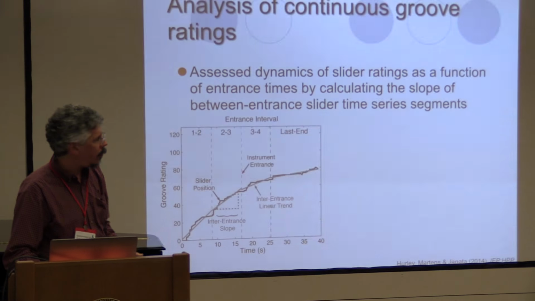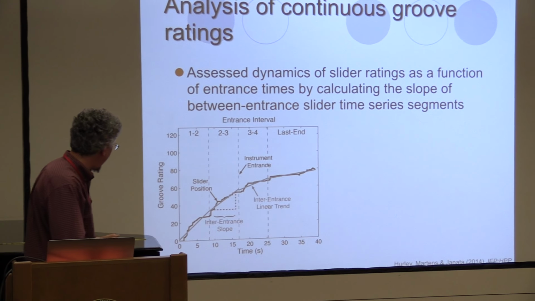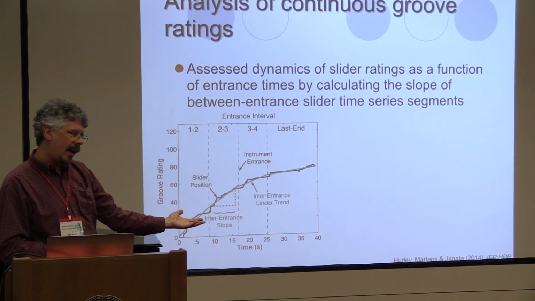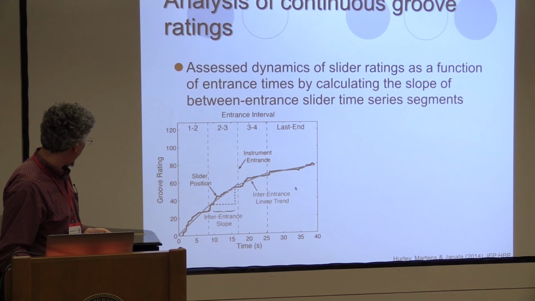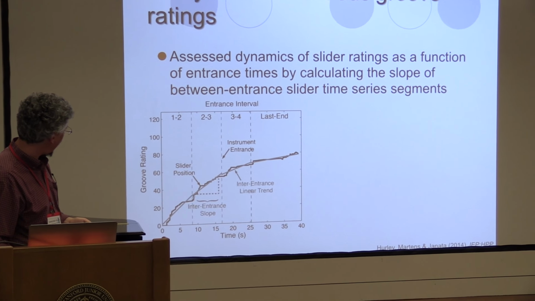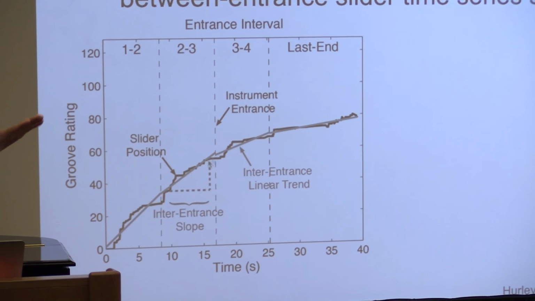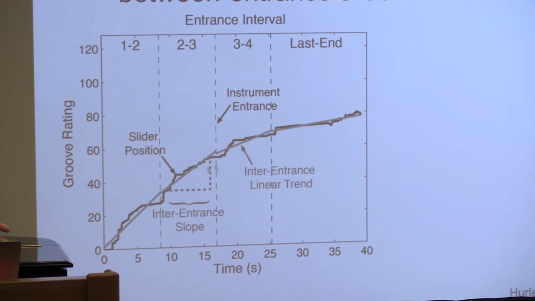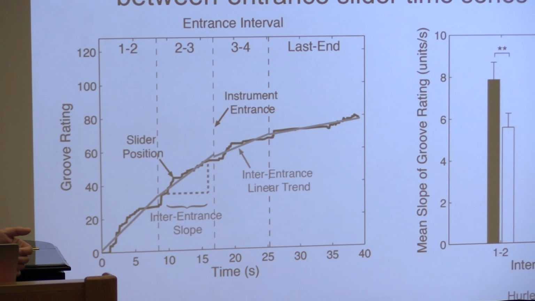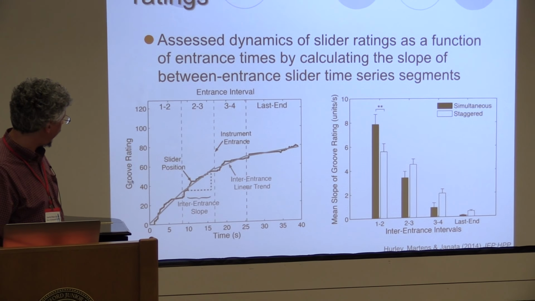And so we had people give them sliders and have them give continuous groove ratings, either for the staggered ones or for the simultaneous entry ones. And then the way we quantified the responses is we just measure the slope, the amount of change in slider position between entrances. And then we could plot that for both the simultaneous and the staggered.